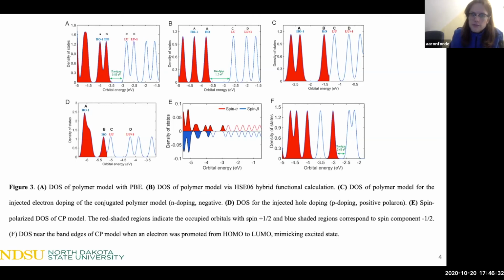Because I guess E and F are both excited states, but it seems they're trying to compare to each other, and it's just not obvious how they're compared.